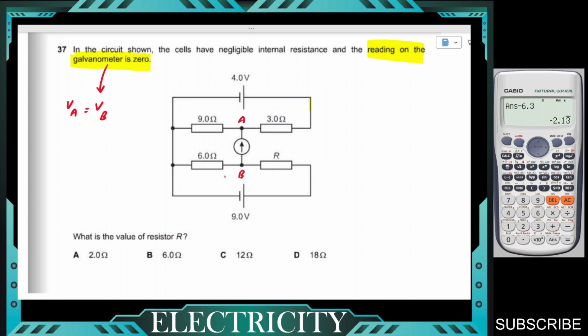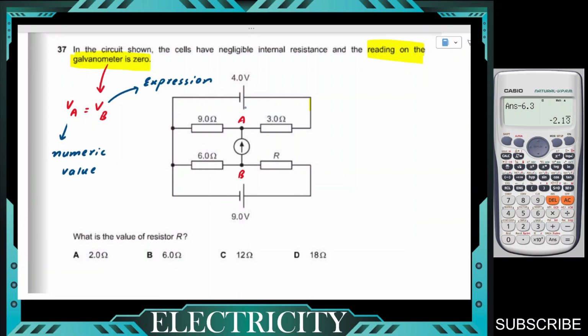But for the lower branch, the lower loop, you cannot find a numeric value of the potential because one of the resistances is missing. So for the lower loop, you'll be getting an expression for the potential at B.